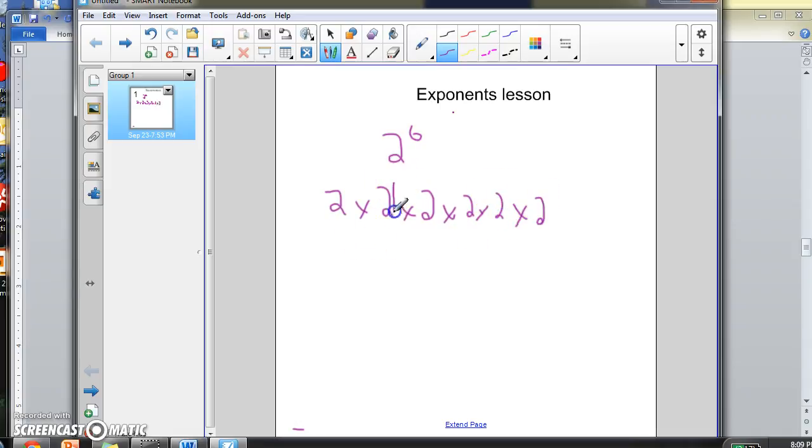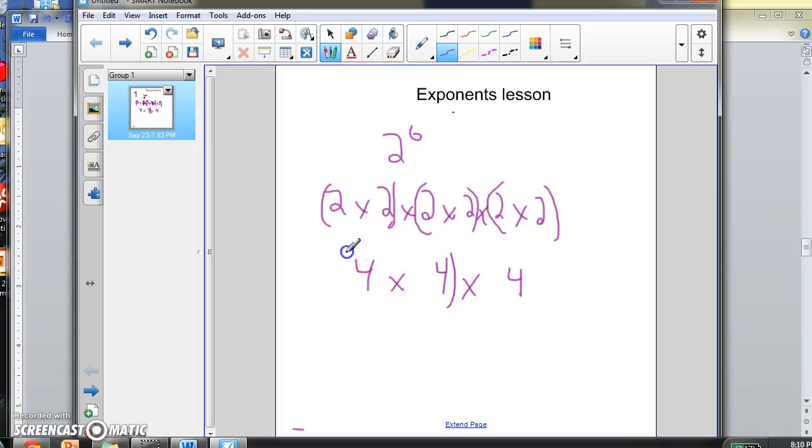And then I would group them together, multiply these two, multiply these two, multiply these two. 2 times 2 is 4, times 2 times 2 is 4, times 2 times 2 is 4. Notice how I'm making sure to bring down those multiplication symbols.